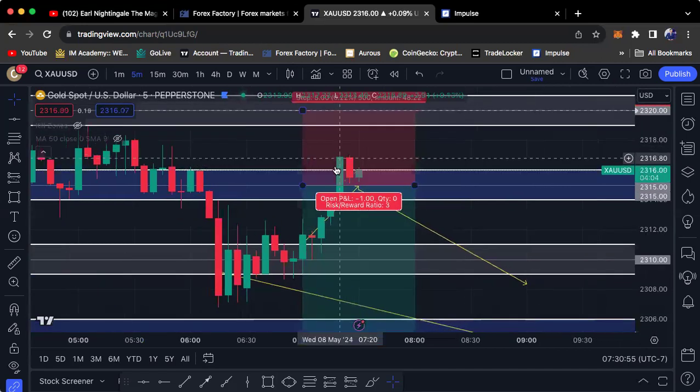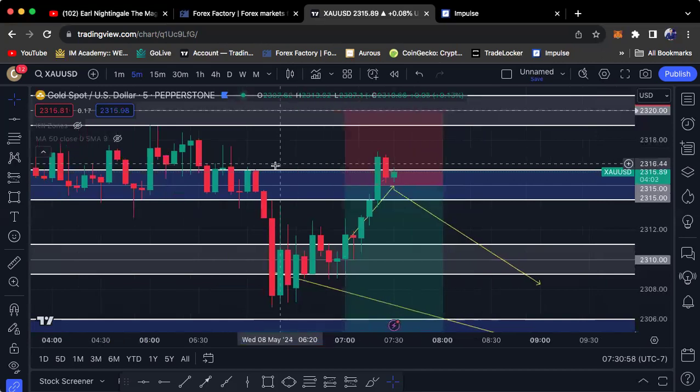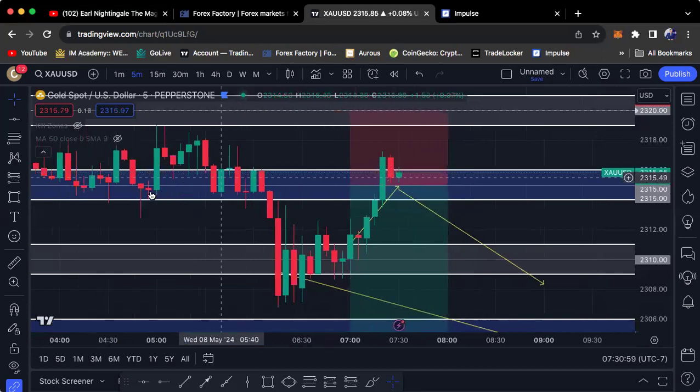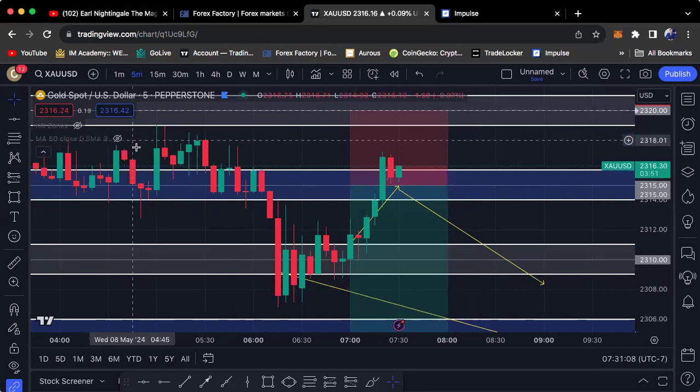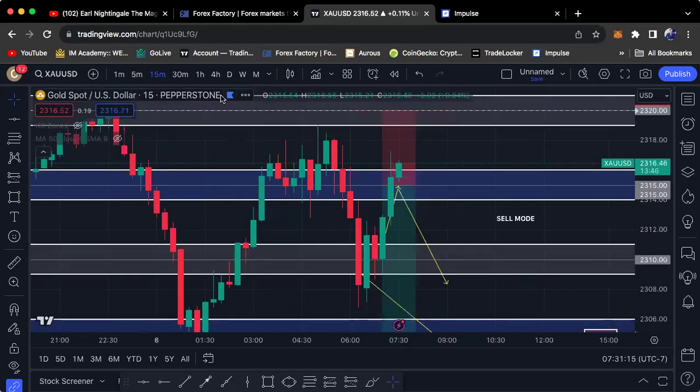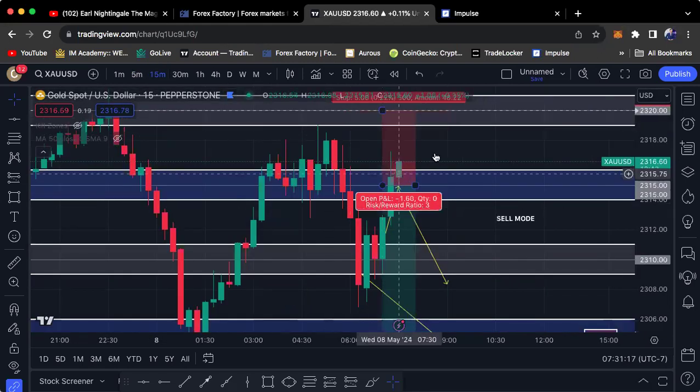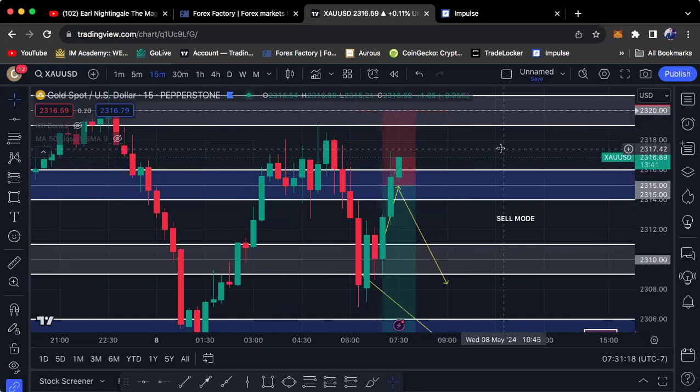This is probably just a break and retest. I'm still waiting. You see the 15-minute candle? It just gave me a bullish move.